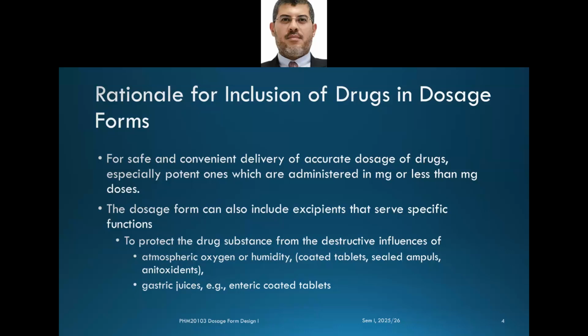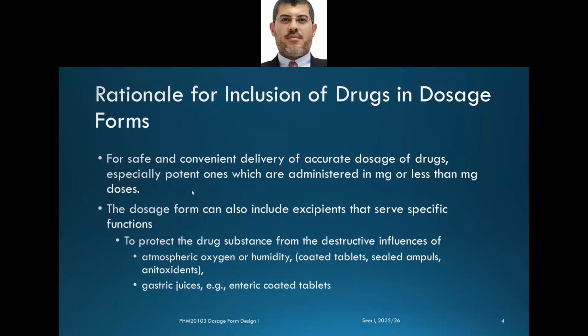They are all considered or called dosage forms. Okay, so usually we make the drug substance into a form that is suitable to receive the appropriate dose of the drug.